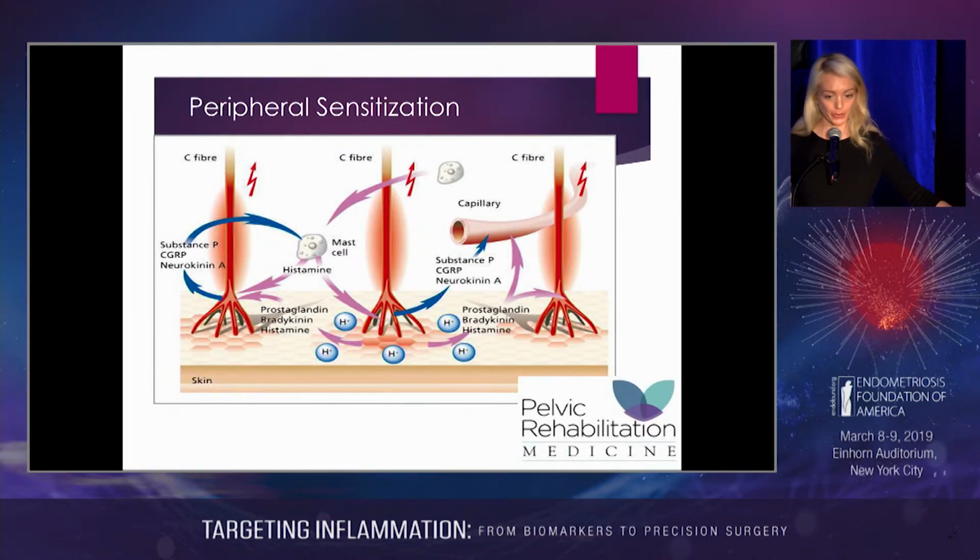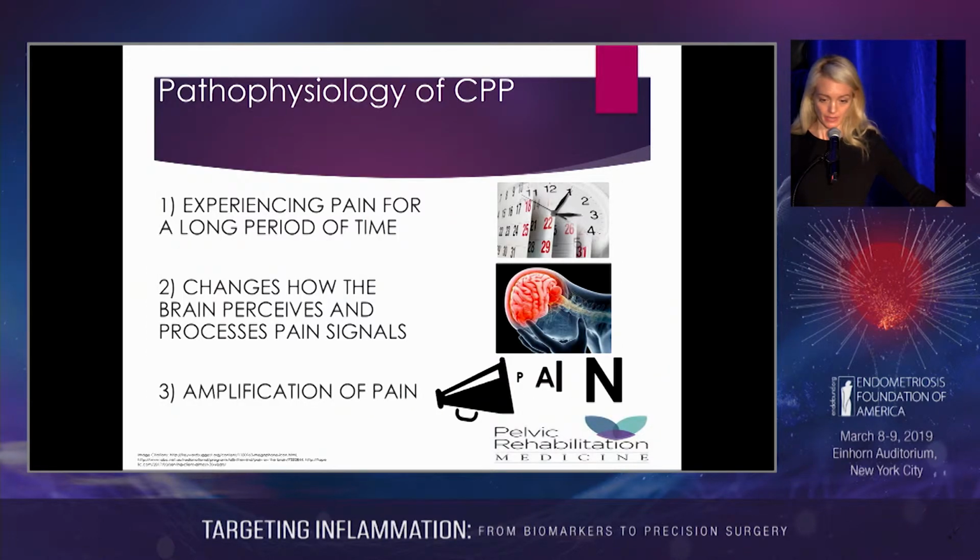And this is the pro-inflammatory milieu that we treat, essentially trying to downregulate the mast cell release of histamine, bradykinin, etc. The pathophysiology of chronic pelvic pain: essentially, experiencing pain for a long period of time, there are changes in the way the spinal cord and brain perceive pain, and this leads to an amplification of pain.